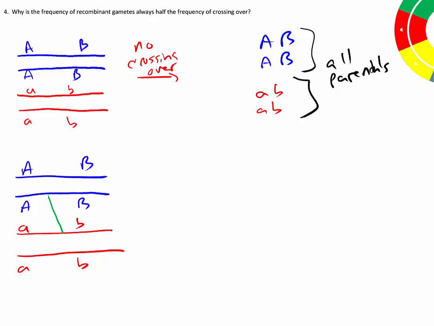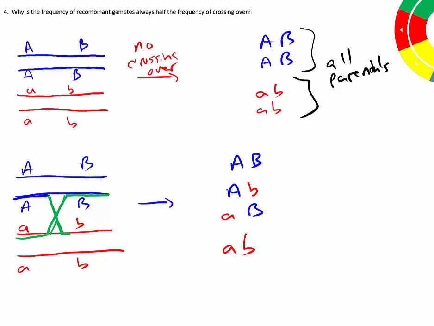So we draw a crossover like this. That means that's the spot where the crossing over is occurring. If we get crossing over, we get these guys going together, and then we get this A, but then it links down and picks up this little b down here. So when you get your crossover, you get this and then this, and then you get your little a, and then it breaks and gets rejoined up there and goes with big B. So we'll get little a and big B.